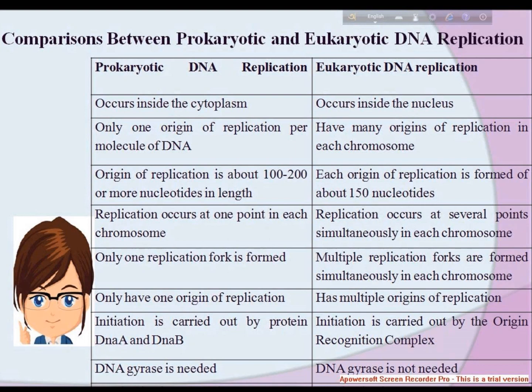Then some other proteins are also involved in the initiation of prokaryotic DNA replication, DnaA and DnaB. In the eukaryotic cell, the initiation is carried out by the origin recognition complex. Also, DNA gyrase or topoisomerase is needed for prokaryotic DNA replication. For eukaryotic DNA replication, DNA gyrase is not needed.